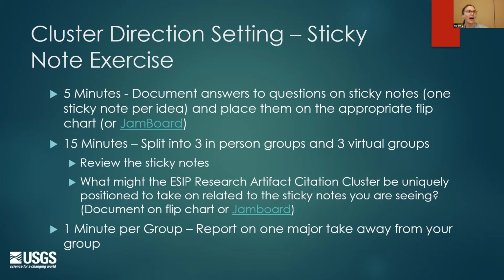If you have a challenge that you've seen or experienced related to assigning or recognizing credit for research artifacts, or a resource or a tool or information that would be helpful to providing credit for research artifacts, or ideas about ways that authorities can help promote this type of credit, document those on sticky notes, one idea per sticky note.